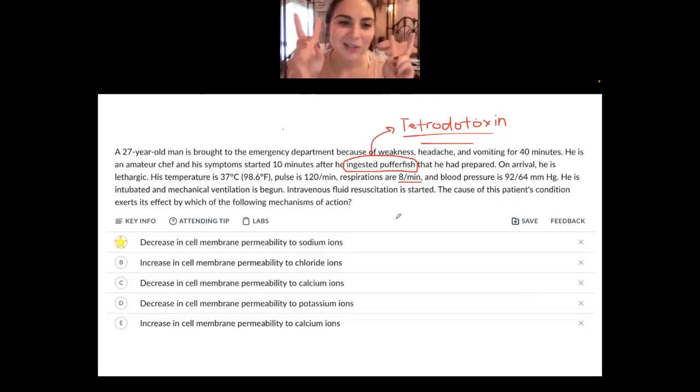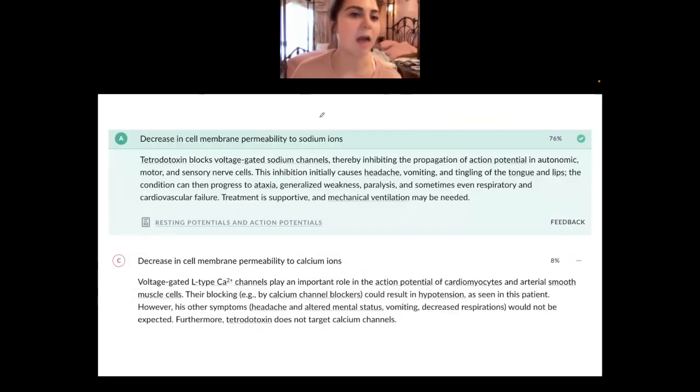So it's kind of like a sodium channel blocker, but it's not cardio specific, obviously. It's going to decrease cell membrane permeability to sodium ions. It's basically blocking sodium receptors everywhere in the body, and that's why you see effects everywhere. But that's what it's called, tetrodotoxin. So just keep that in mind. It's a really weird sodium channel blocker.